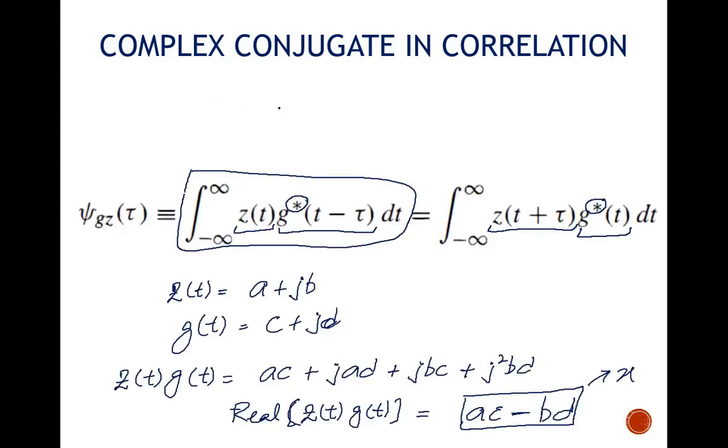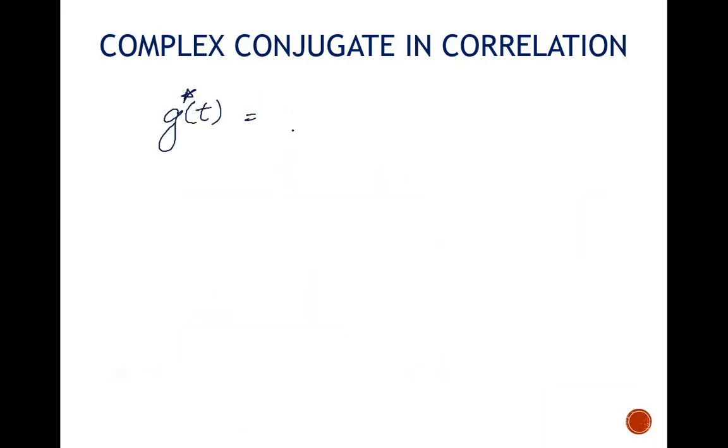Now, if we use complex conjugate of one of the signals, let's say we use g(t) conjugate, then the same g(t) becomes C minus jD. So it's C minus jD.